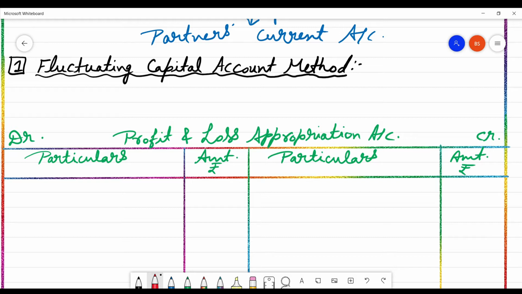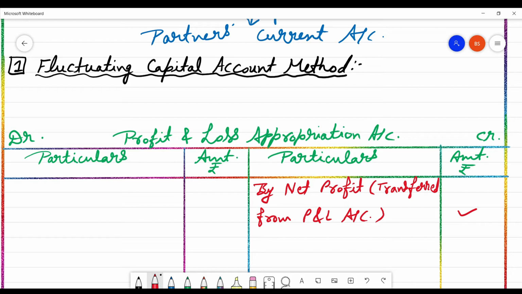If there is net profit, it is written on the credit side of the P&L appropriation account. We will write "By net profit" here, and in the bracket we will write "transferred from P&L account".